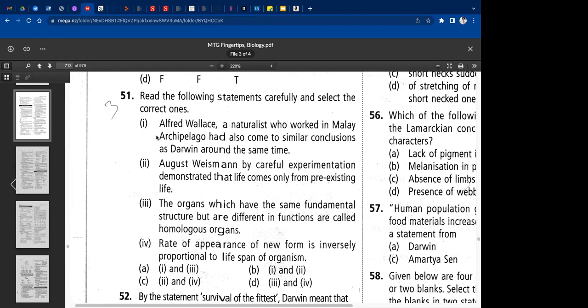So 1, Alfred Wallace, a naturalist who worked in the Malay archipelago, also came to similar conclusions as Darwin, which is correct. Wallace wrote an essay on populations. So he was also trying to figure out how life evolved, the different forms of life. Why are there so many different birds?